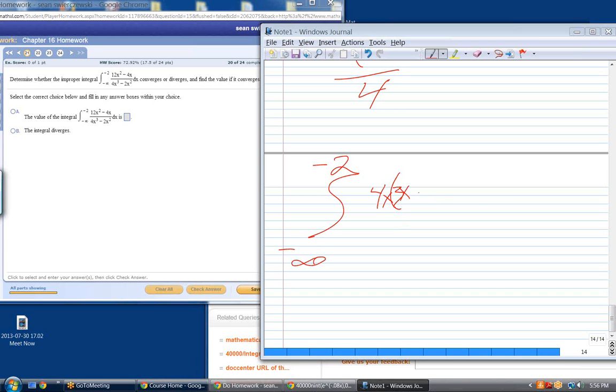I didn't forget how to factor. There's the numerator, that's 12x squared minus 4x, and the denominator factored is 2x times 2x squared minus x.